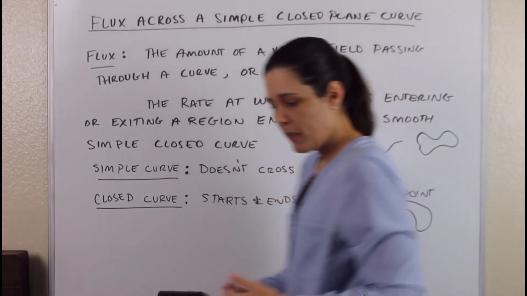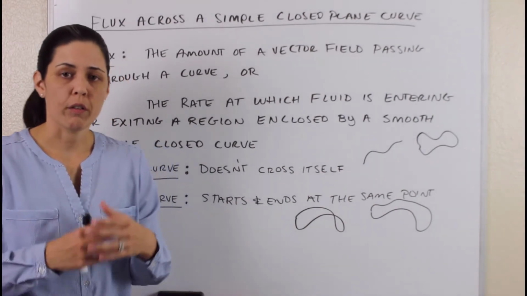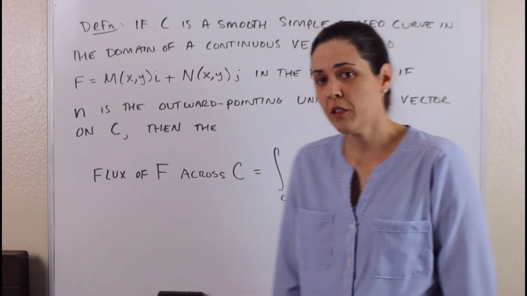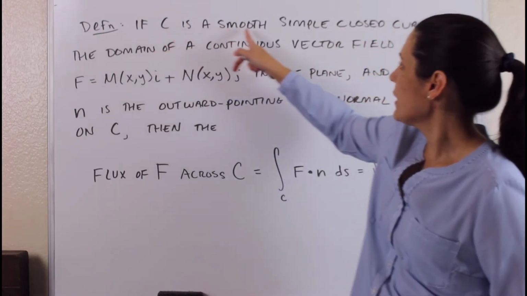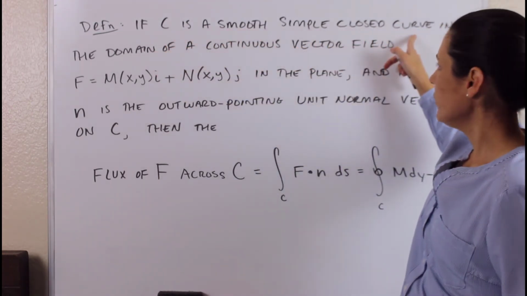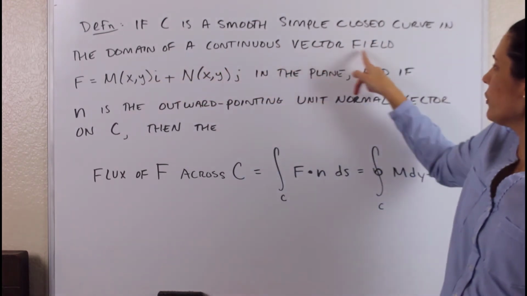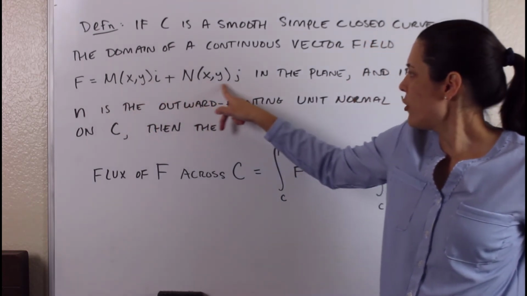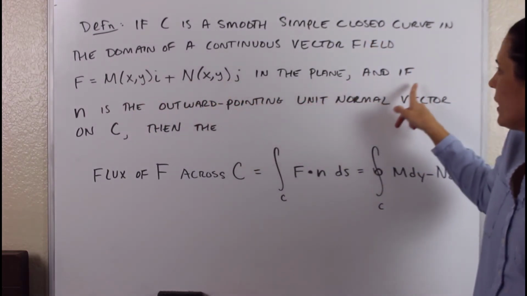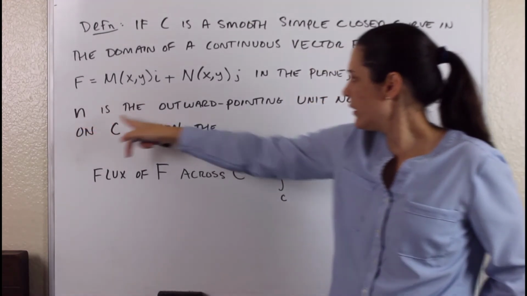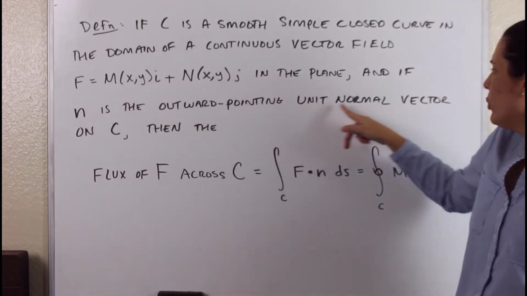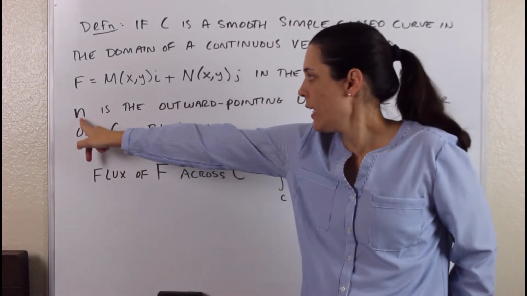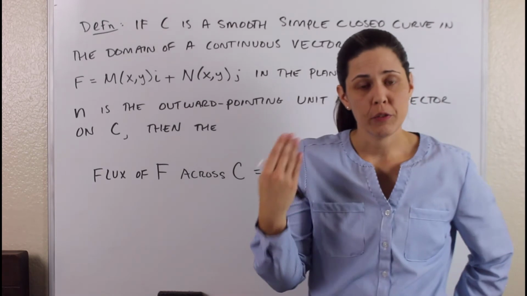Alright, so next, let me give you the formal definition for our flux and the calculation for it, the integral that we need. Okay, so here's our definition. If C is a smooth, simple, closed curve in the domain of a continuous vector field, and here's our vector field, mi plus nj in the plane, and if little n is the outward pointing unit normal vector on C. So real quick, we've seen that notation in the past for a unit normal vector.